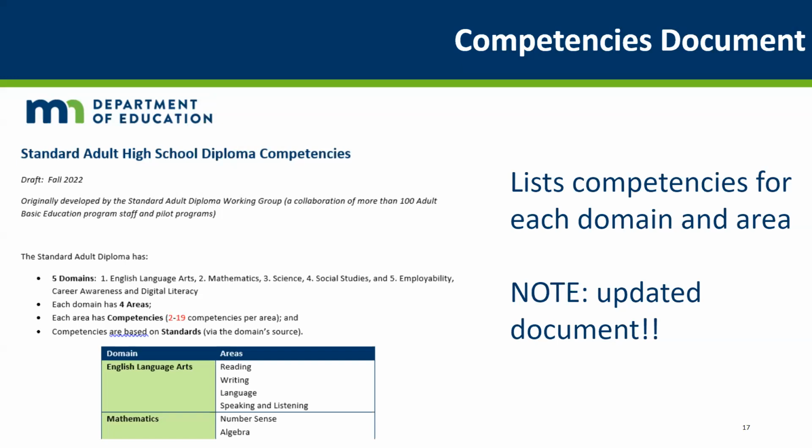Basically, we added a couple algebra standards that we had realized were missing, and also separated out science and social studies competencies into shorter competencies rather than longer combined competency statements. That's all I'm going to say about that for today, but we'll talk about this more at the October 17th working group. So hopefully, hope to have you join us then.